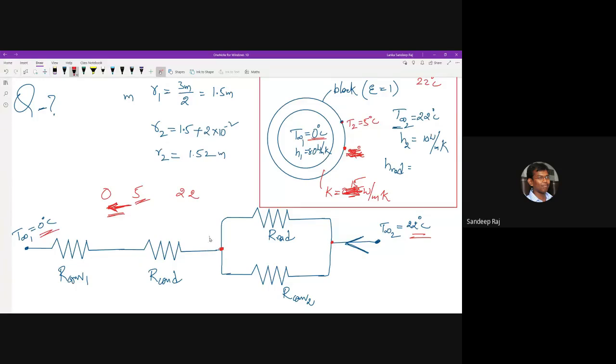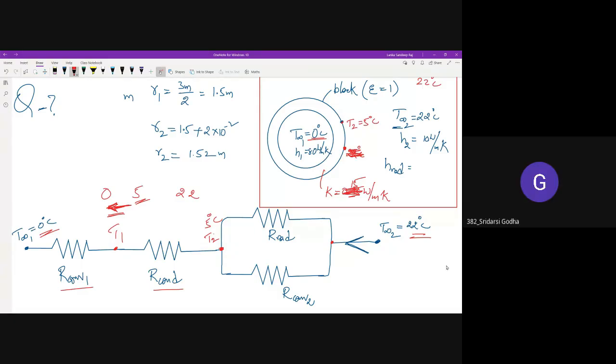Here is your T2 and here is your T1. Here you are considering 5 degrees centigrade. If you are considering only two resistances, R convection 1 and R conduction, you take 5 degrees, no problem. But you are considering R total. If you are considering R total, you have to take 0 minus 22. You got the point?